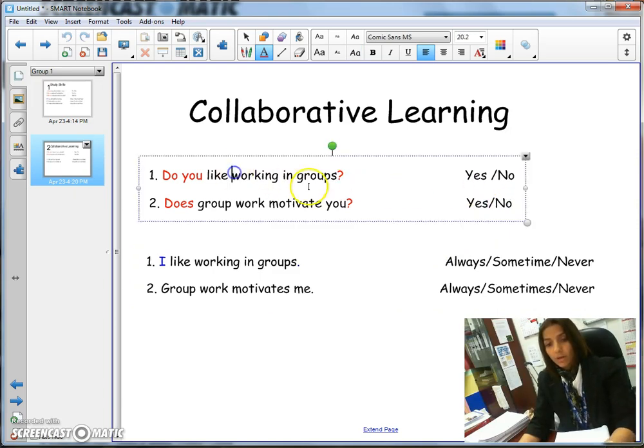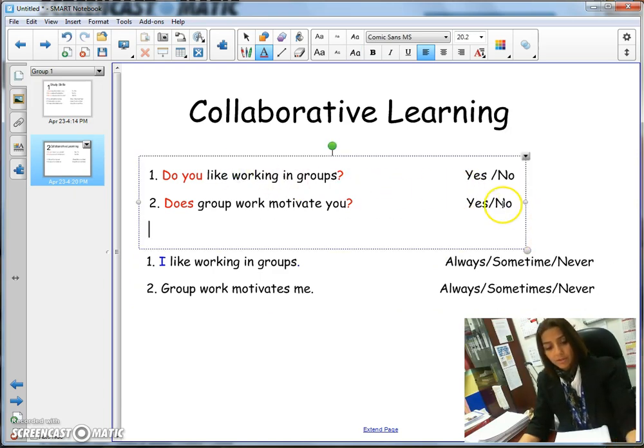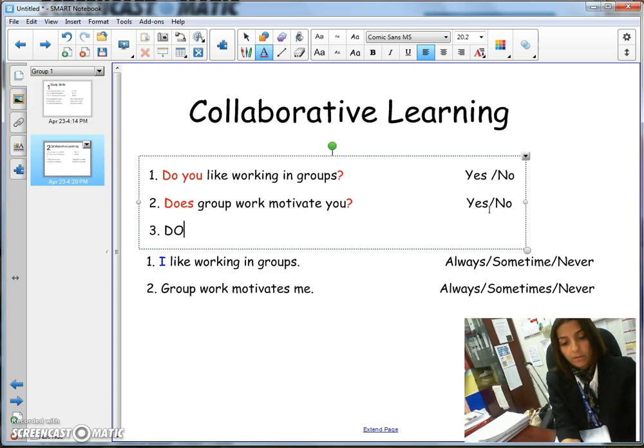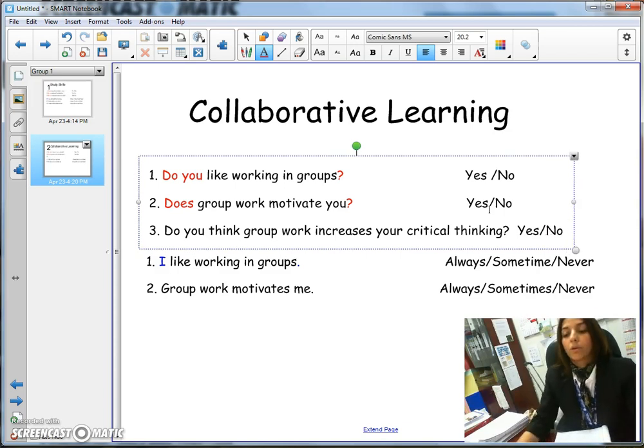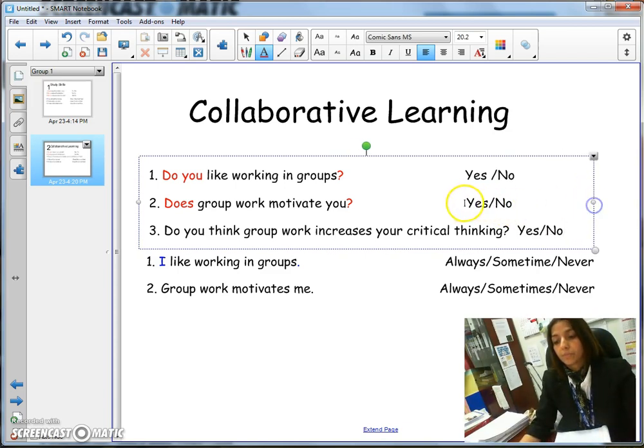I'll give you one more example of this. Do you think group work increases your critical thinking? So again, the answer can be yes or no. Did you get it?